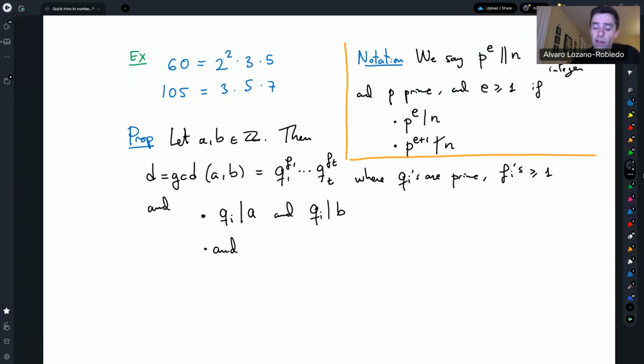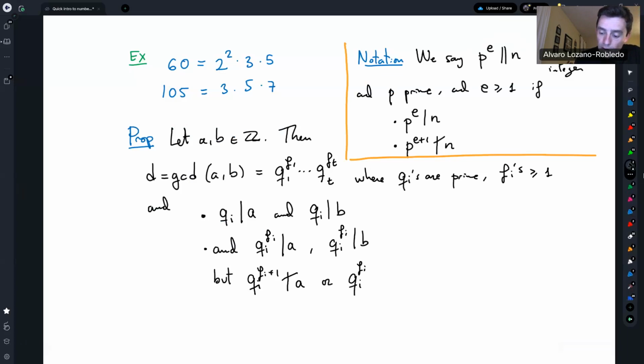So it is the largest power: qi to the fi divides a, qi to the fi divides b, but qi to the fi plus 1 does not divide a, or qi to the fi plus 1 does not divide b.